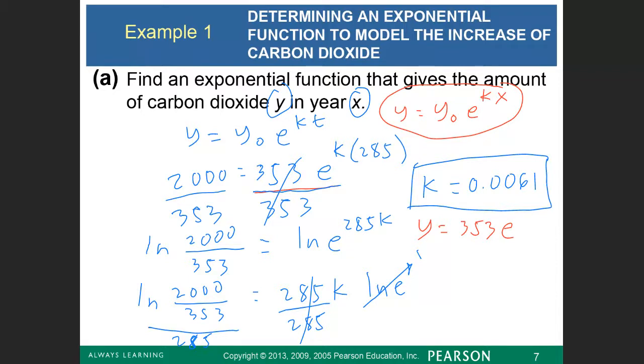Exponential decay would be k would be negative. And t, we change that into x. So this would be the model equation. And we can use this equation to answer other questions for the problem. So we're just having letter A here.